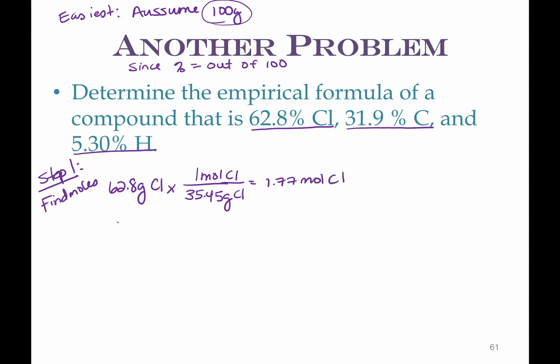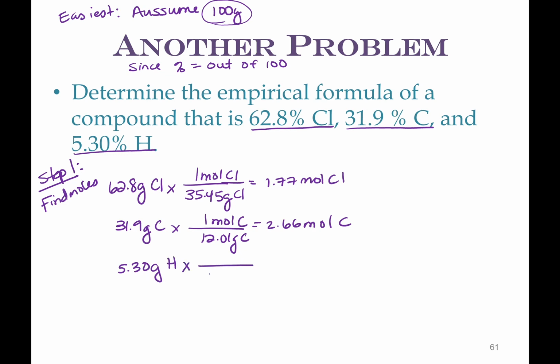We have 31.9 grams of carbon. 12.01 grams of carbon for 1 mole of carbon is 2.66 moles of carbon, and 5.30 grams of hydrogen. Each hydrogen has a mass of 1.008 grams for 1 mole. And that is 5.26 moles of hydrogen.